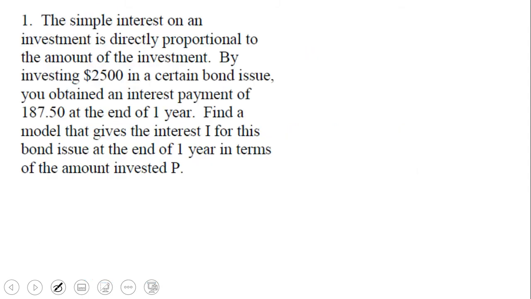So keeping that in mind, let's look at problem 1 here. The simple interest on an investment is directly proportional to the amount of the investment. So whenever you see the word directly proportional, or any of those 3 buzzwords, you know that this is a direct variation situation, which means you know that it's y equals kx. You then want to rewrite the problem using variable letters that make sense.